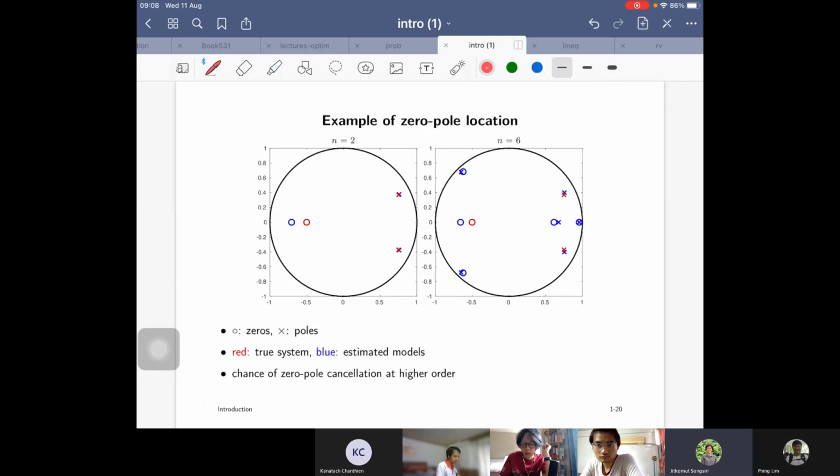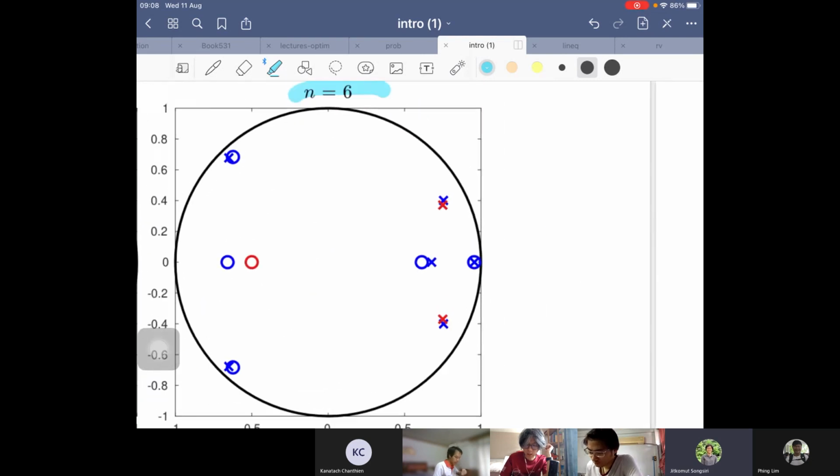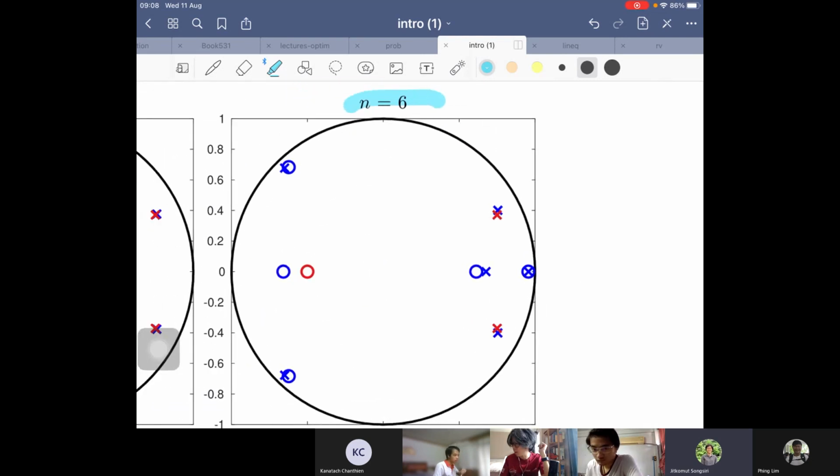This is a graph of the zero-pole locations of the second order and the sixth order. In systems, we use a circle to represent a zero. We use the cross sign to represent poles. What do you see in the sixth order, Sitipat? What does this explain to you?